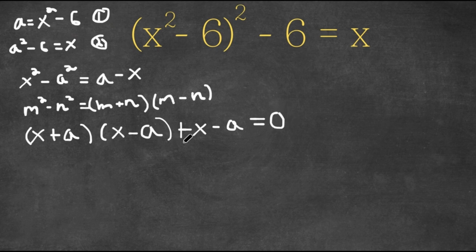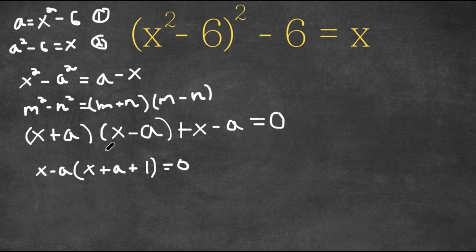So now I'm going to factor out x minus a from this. x plus a times x minus a divided by x minus a is simply just x plus a, and x minus a divided by x minus a is 1. So we have x plus a plus 1, and this is equal to 0.